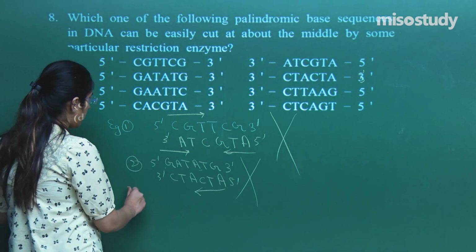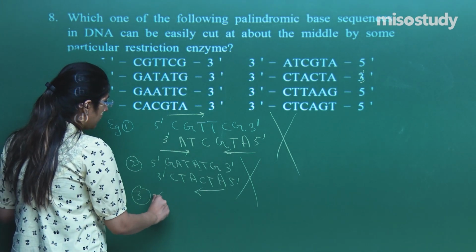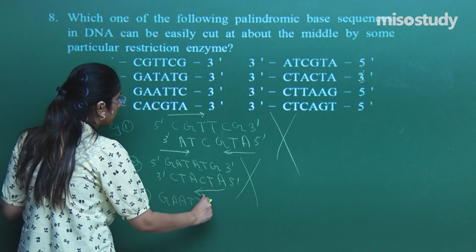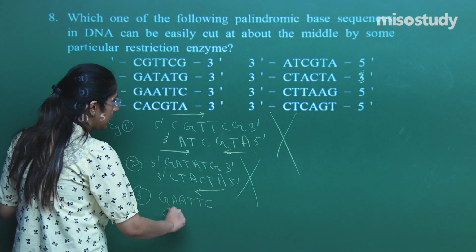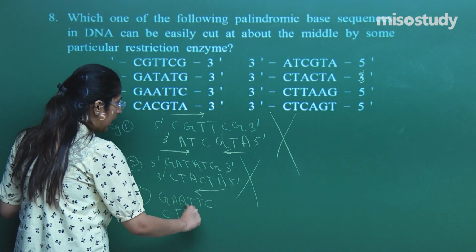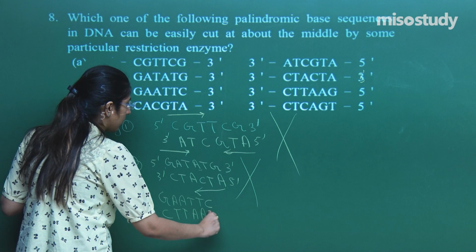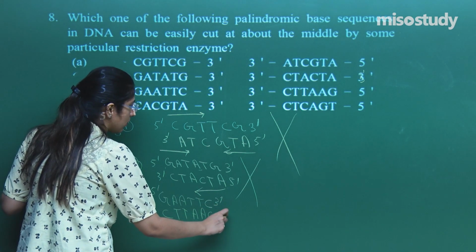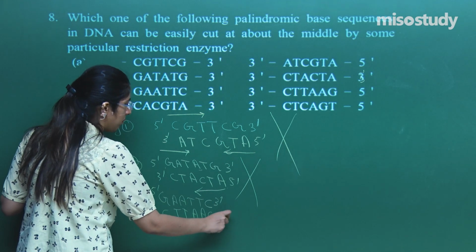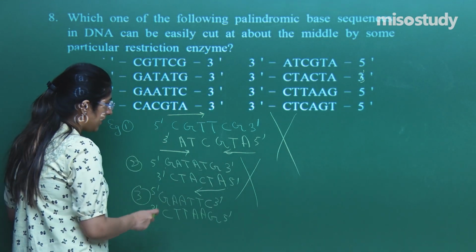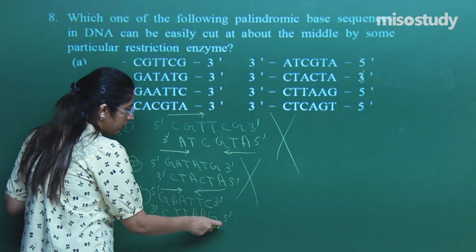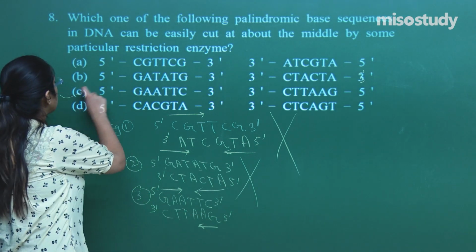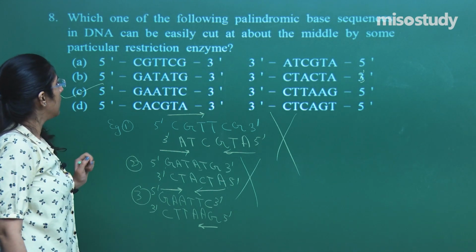Let's look at the third option, the C option, which indicates GAATTC and another CTTAAG. Now this is also 5 prime to 3 prime, and this is also 5 prime to 3 prime. Now let's read this: GAA. These are palindromic sequences. So the correct option is option C for question 8.